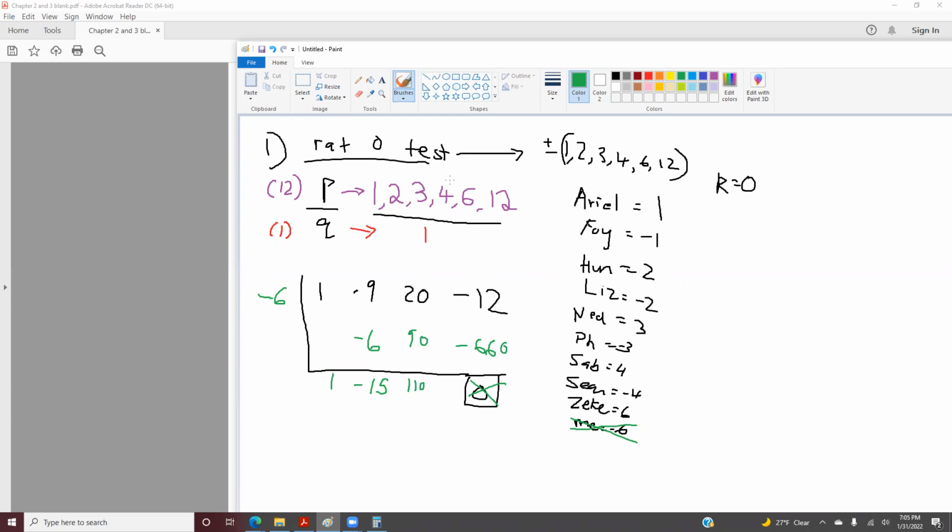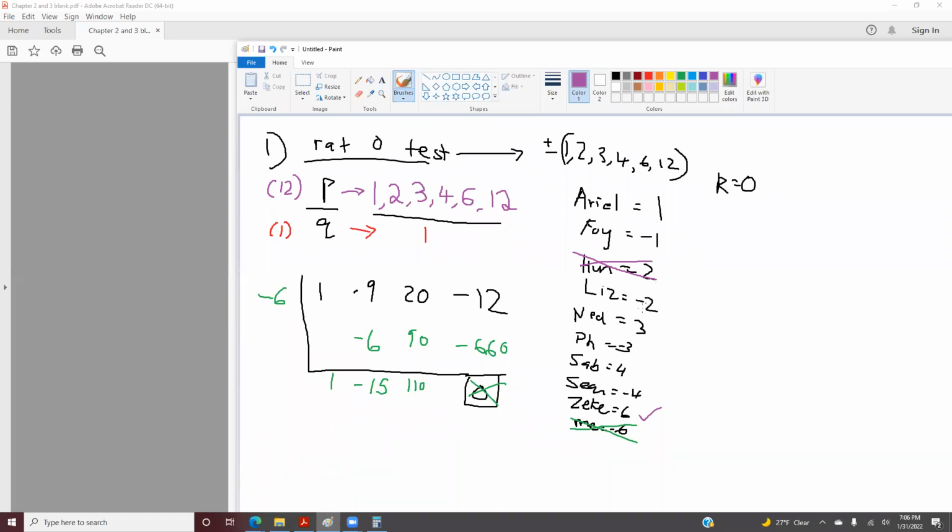All right, you guys done? Okay. Zik told me 6 works. Zik says 6 works. Hunter, no work, because as long as your remainder is not 0, it does not work.